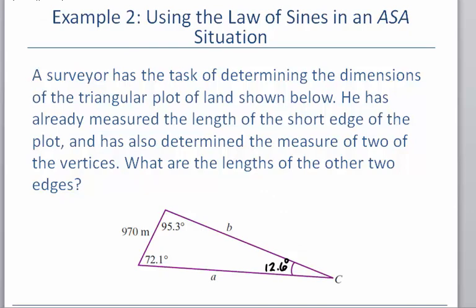So once that's done, we can set up a law of sines equation to solve for side B, and then a law of sines equation to solve for side A. We're going to use the fraction that has the C in it because we have angle C and the side across from that, which would be lowercase c. So I'm definitely going to have sine of 12.6 divided by 970 as one of my fractions.